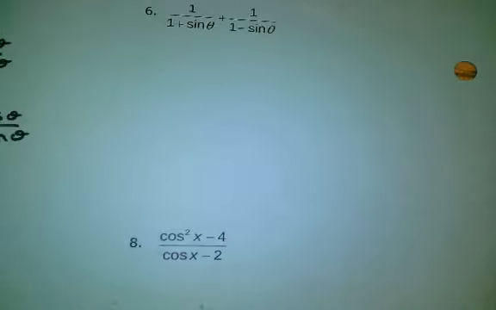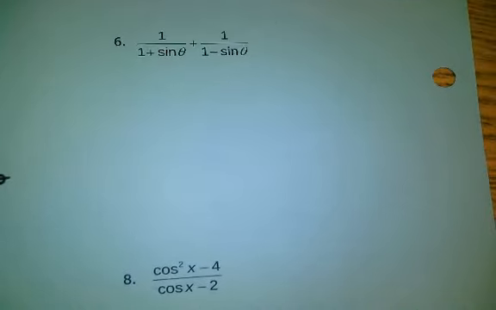Okay, so let's go ahead and look at 6. What am I going to advise you to do on number 6? Multiply by the conjugate, which is actually the only thing you can do anyway for this one.